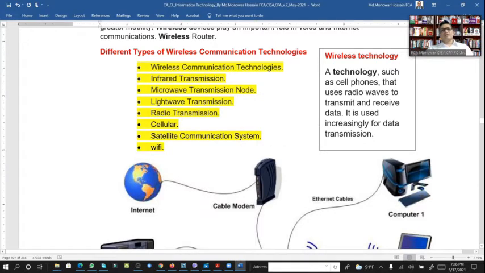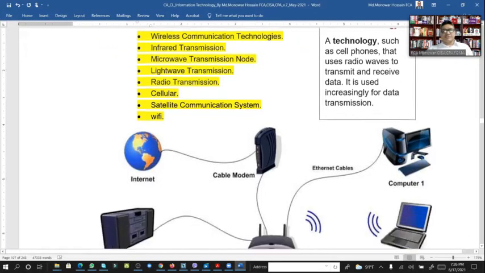So these are the different types of wireless communication technologies. If your exam has a question here, with 3, 4, or 5 items, find out which is not a wireless technology, what is not within this category. That would be your answer.